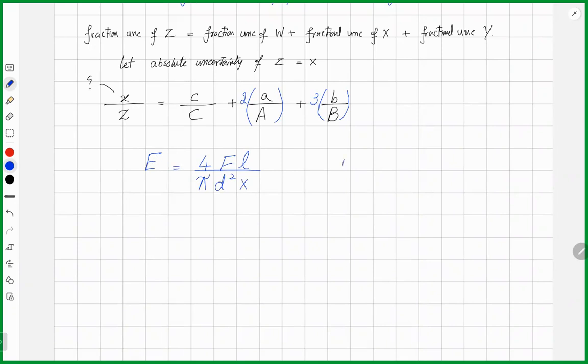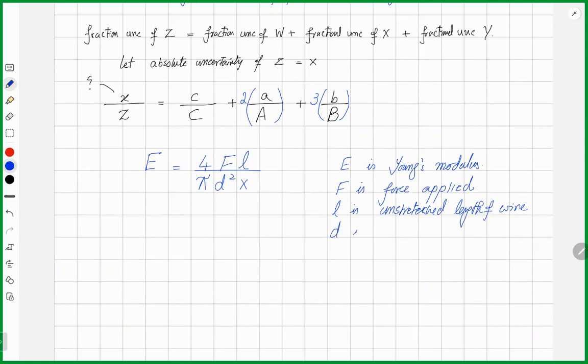In this formula, E is Young's modulus, F is force applied, L is unstretched length of wire, d is diameter, x is extension.